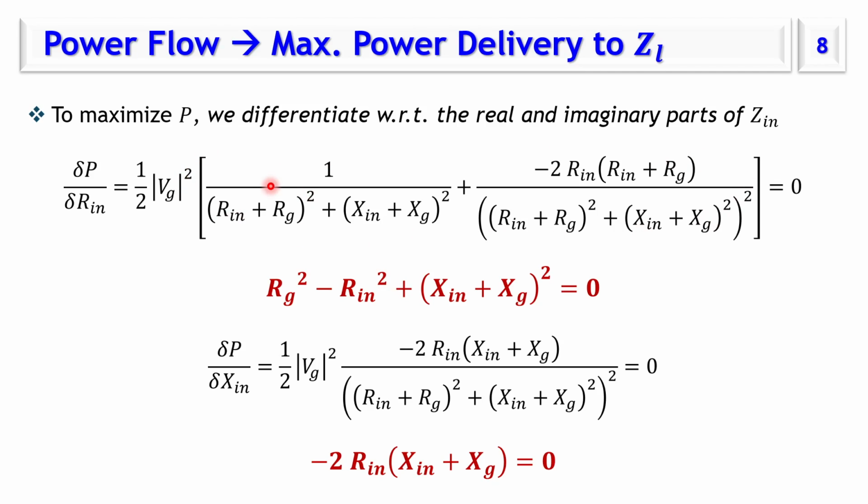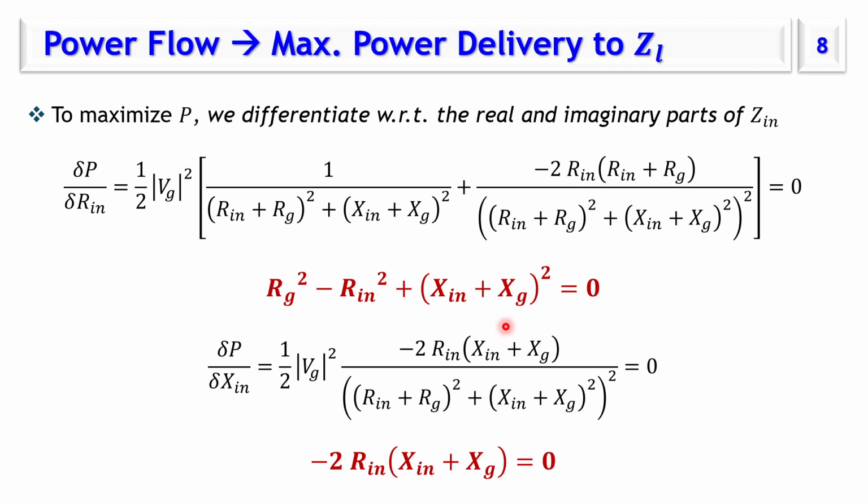In order for this to equal 0, we'll have equation 1. For the partial derivative with respect to Xin, for the power to be maximum, we need this to equal 0. So we have the second equation here.